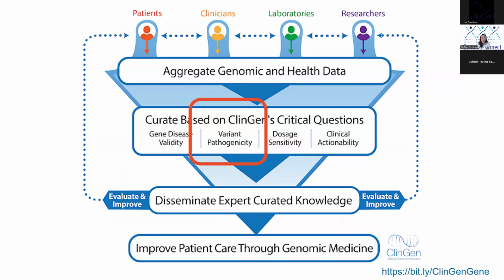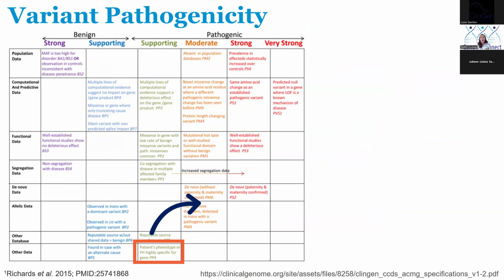To put this into context a bit more, this is the same chart that I showed you before. I have highlighted one piece of information that can be included, and that's understanding of the patient's phenotype. These guidelines are general.